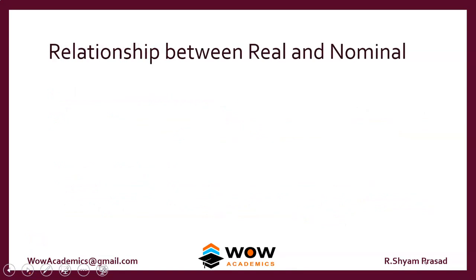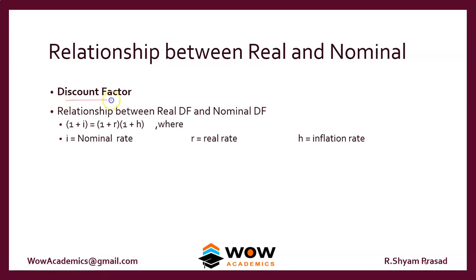So what is the relationship between the real and nominal? The relationship between the real and nominal discount factor can be expressed like this. We have the formula 1 plus i equals 1 plus r into 1 plus h. Here i refers to the nominal rate, r refers to the real rate and h refers to the inflation.